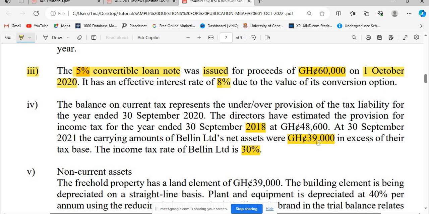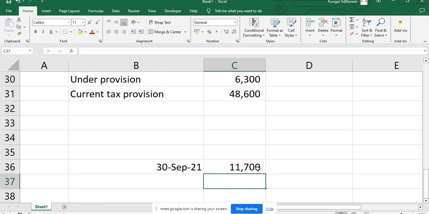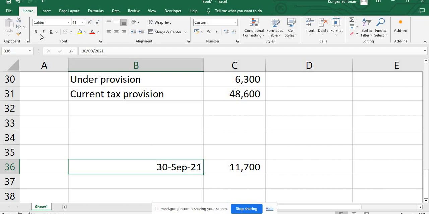The standard says to make provision for it. Is that okay? So we find 30% of 39,000. Then we have 11,700. So that is as at the end of the year.